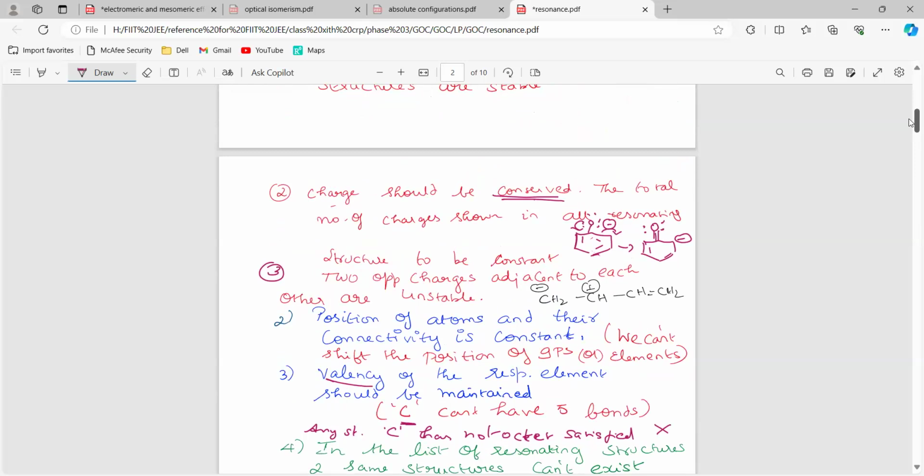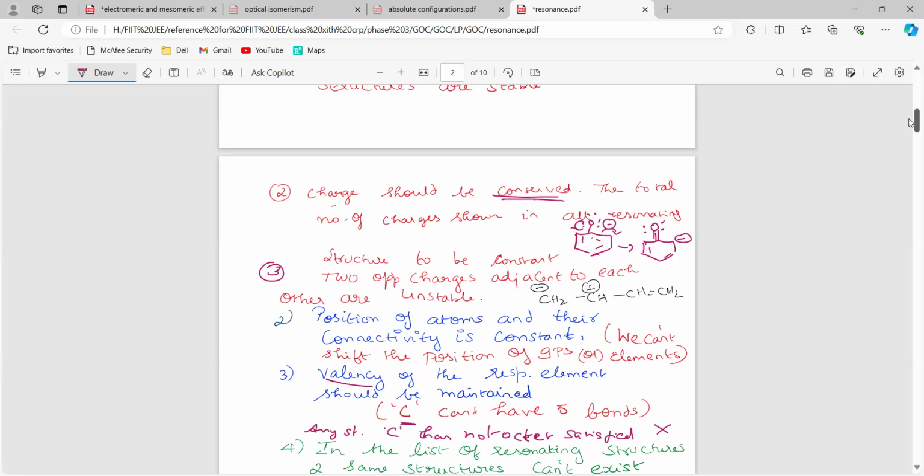Which one, ma'am? You didn't tell me at all. Methyl carbocation, methyl carbanion, and methyl. In the same structure or different structures you're asking? Different structures, ma'am.